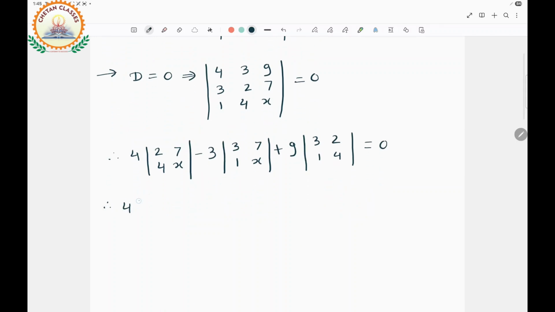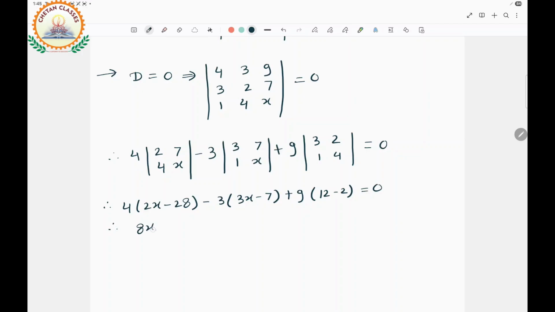Therefore 4 into (2x minus 28) minus 3 into (3x minus 7) plus 9 into (12 minus 2) is equal to 0.